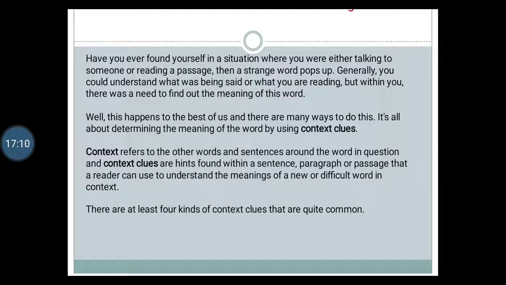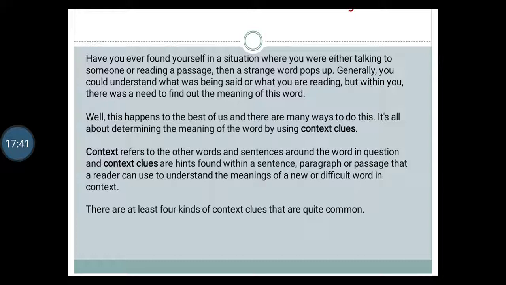Probably you could understand what the word meant because of the context in which it was used. In your mind, you would probably think, oh, maybe this word means this, or maybe it means that. But then you have this urge and this need to understand what this word means on your own, probably when a dictionary is not available. Well, it happens to the best of us.